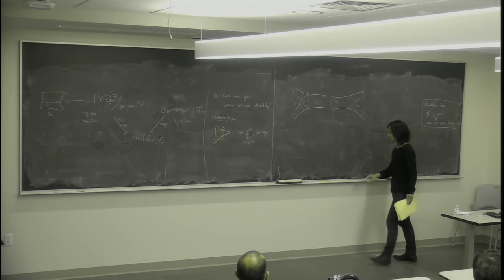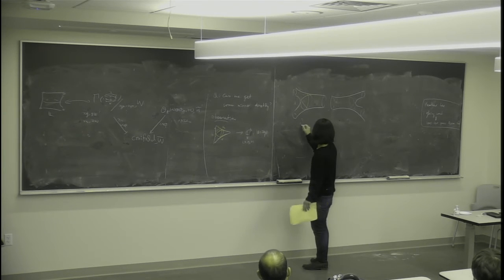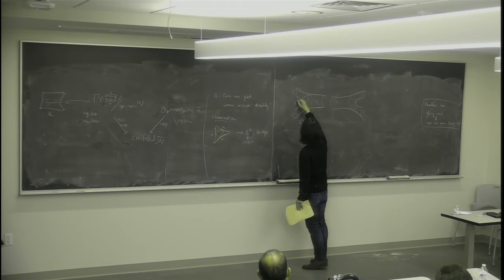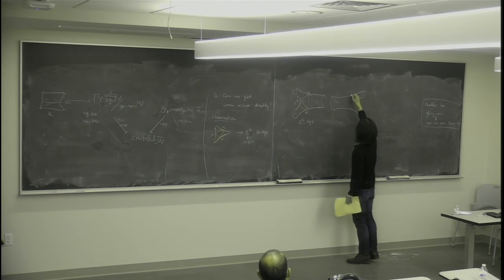For each piece, you have this thing. Here you have C3 and X, Y, Z. So label these points by X, Y, Z here, and here say X prime, Y prime, Z prime.